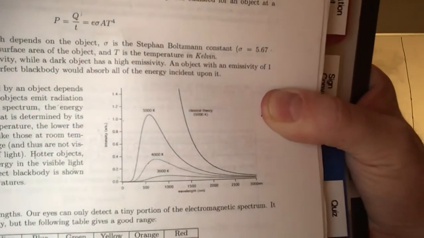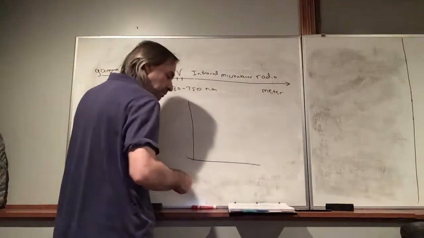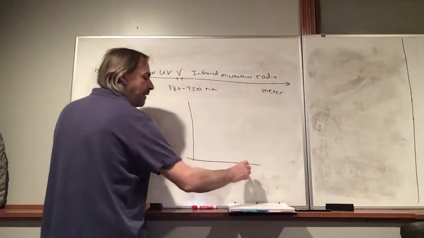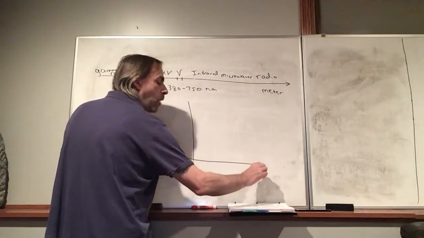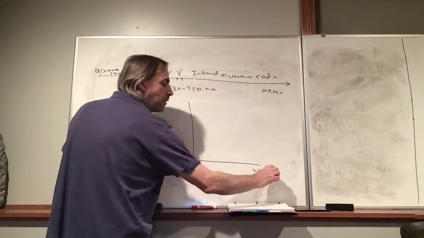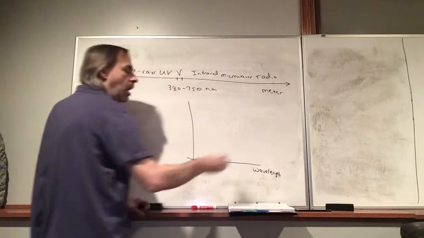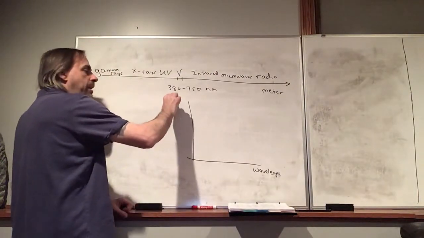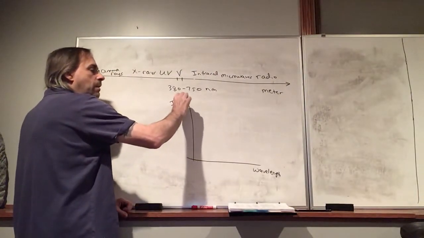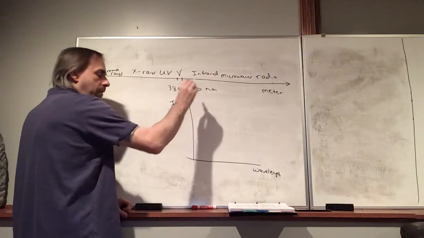A couple things to notice. I might as well draw it as well. On the horizontal scale, we're looking at the wavelength of the light, and then we're looking at the intensity at that wavelength.